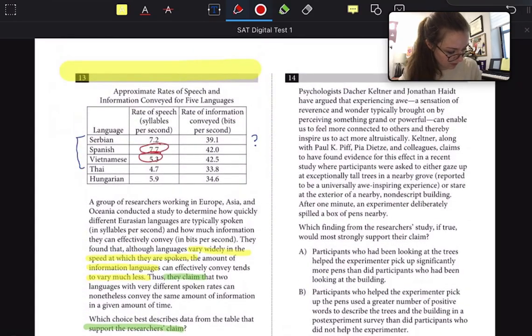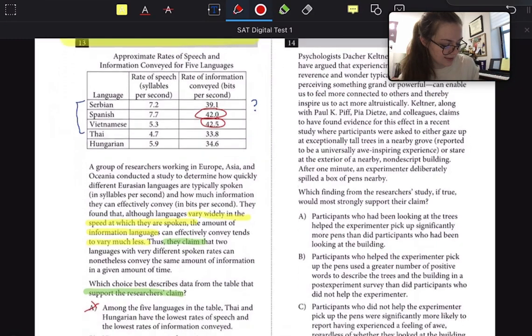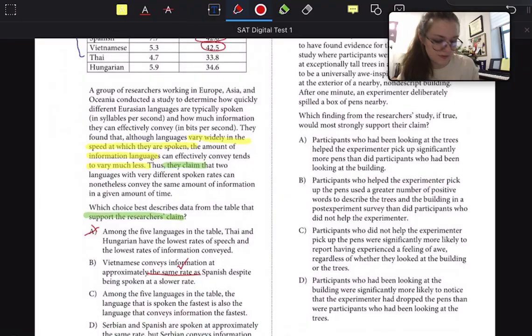Let's put this in the other column. We have Vietnamese and Spanish. I would say yes, they're within 0.5 bits of each other. So yes, we can say this part of the answer is correct.